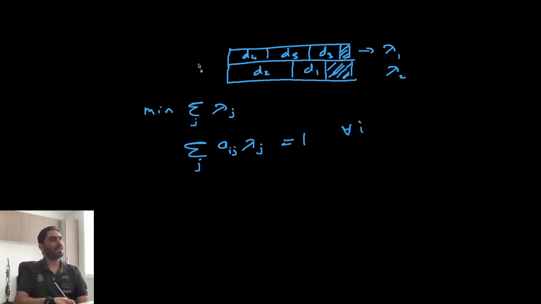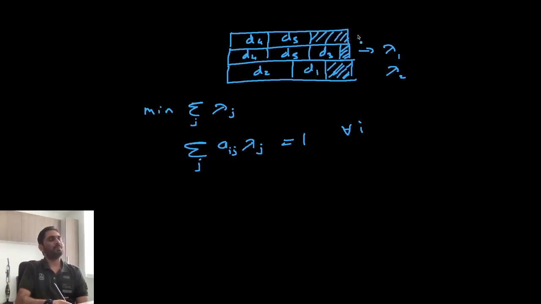Now I can make sure that I don't have to consider all possible patterns. I can restrict my attention to only maximal patterns. Let's say I also consider this pattern, which is just d4 and d5. I can actually fit d3 inside it, but let's say I'm choosing not to fit it.